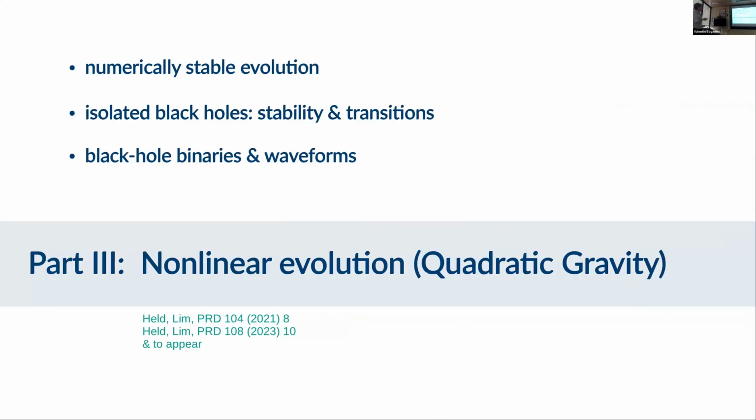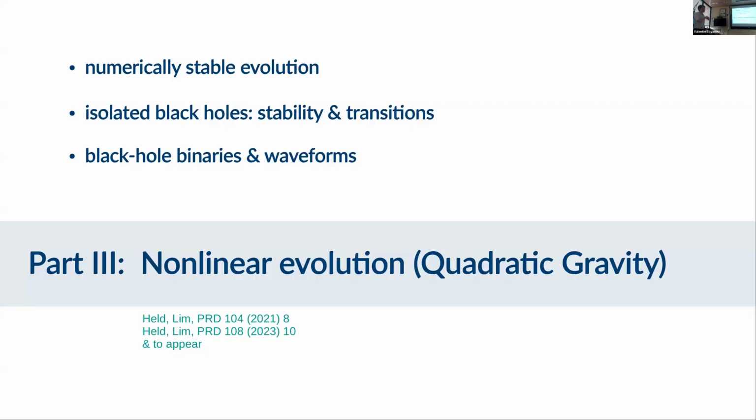Okay, so what I want to do in this part is convince you on the numerical side that, at least from that layer, I don't only claim well-posedness by mathematical theorems, but I can actually perform numerically stable evolution. And then I want to look at isolated black holes, in particular the stability of these black holes, which of course relates to the ghost question.